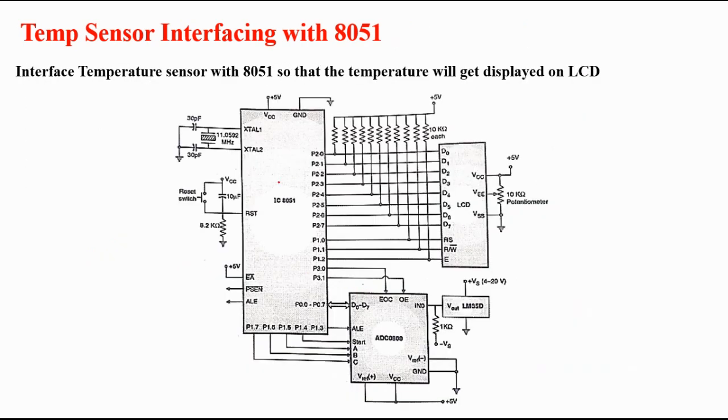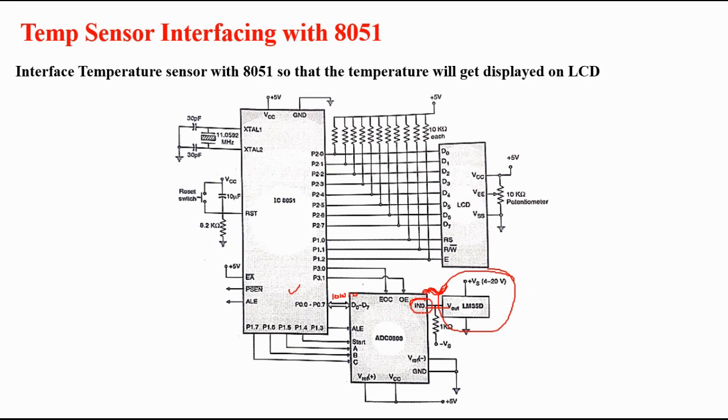The same thing is reflected over here: we have connected the LM35 at this place, and this is the output signal from the LM35, which we have connected to IN0. IN0 is input channel number 0. Whatever analog signal appears at this pin will get converted into digital form over here. This will be 8-bit data in total, and it will be received by the microcontroller.